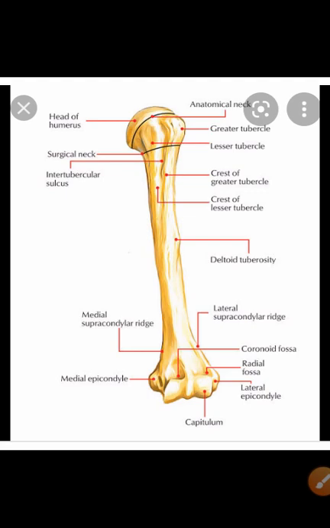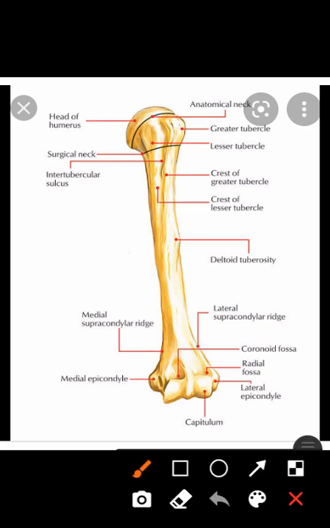First I have to discuss the proximal end. There is the head of the humerus. The head of the humerus must be pointing medially. On the shaft of the humerus you have to look onto this tuberosity.